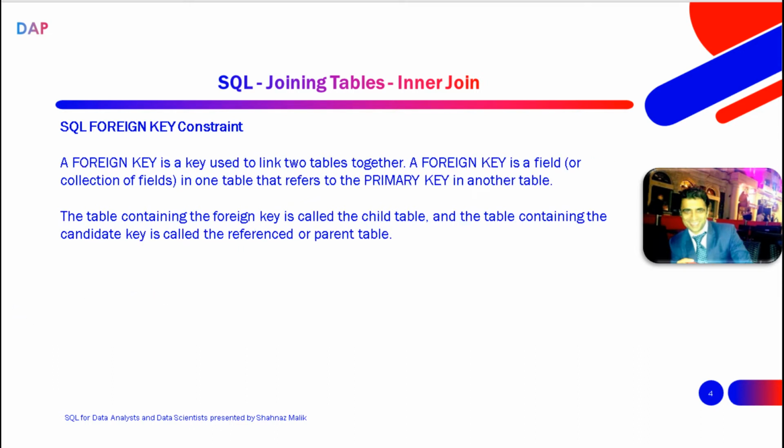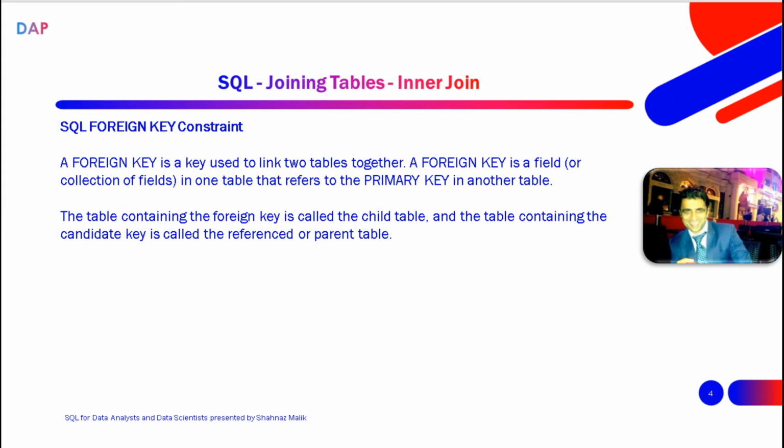Now let's move on. What about the foreign key? It's another very important concept to understand. The SQL foreign key constraint is a key used to link two tables together. A foreign key is a field or collection of fields in one table that refers to the primary key in another table.